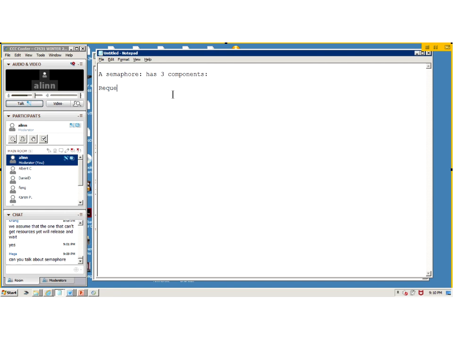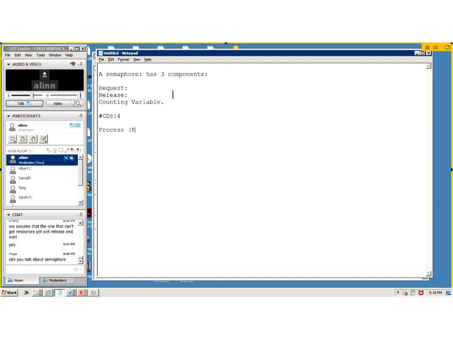It's got a request kind of component and a release component and a variable, a counting variable. That's kind of the idea. So let me start with my variable. Let's say my variable is the number of CDs. I have 4 of them.